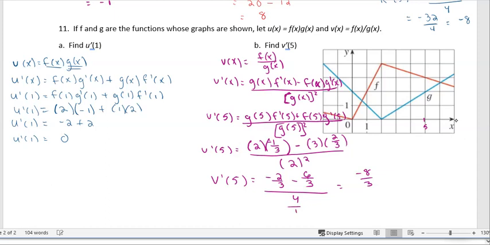This would be 4 over 1, so we can multiply by the reciprocal, which would be 1 over 4. 8 and 4 can simplify, so we're left with -2 over 3. So our value at v prime of 5 will be -2/3.